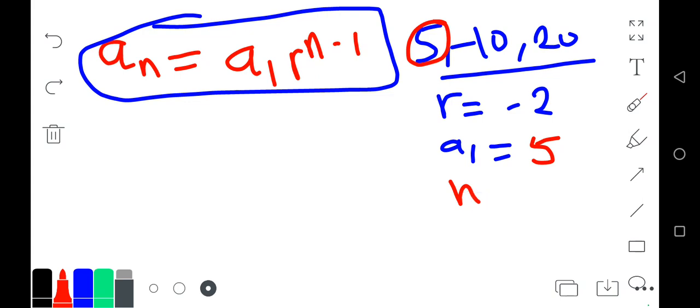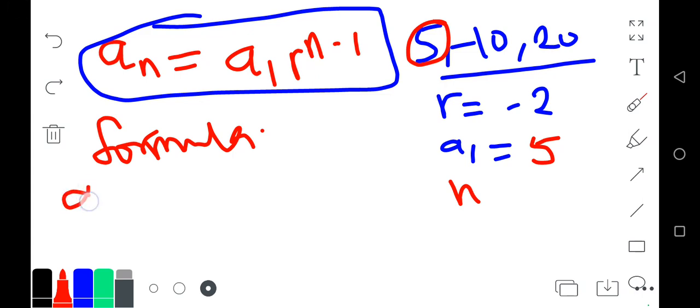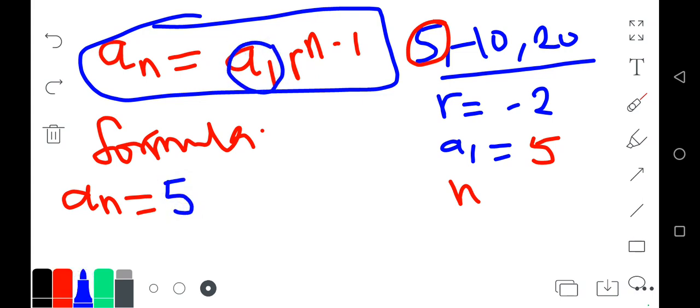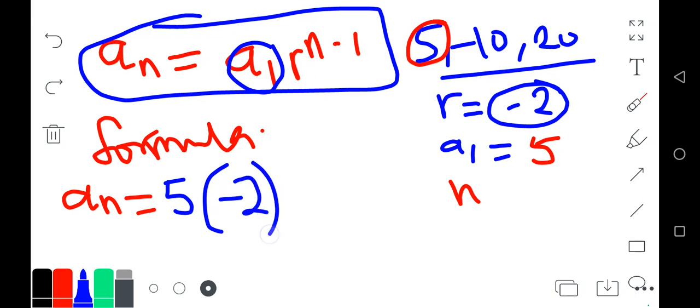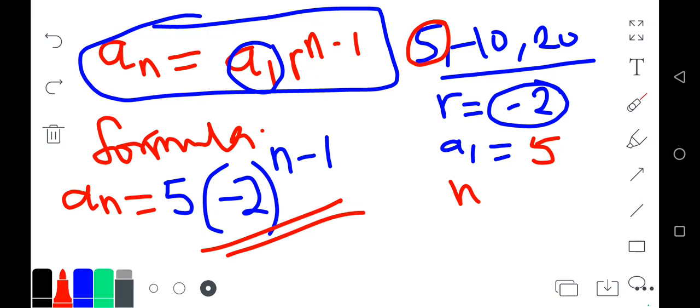For n we don't put anything because you're just finding the formula. So a_n equals the first term, 5, multiplied by open bracket, where r is -2, raised to the power n minus 1. So this is the nth term formula that we use in order to generate numbers.